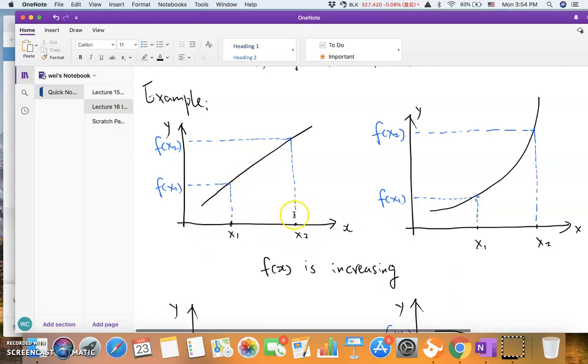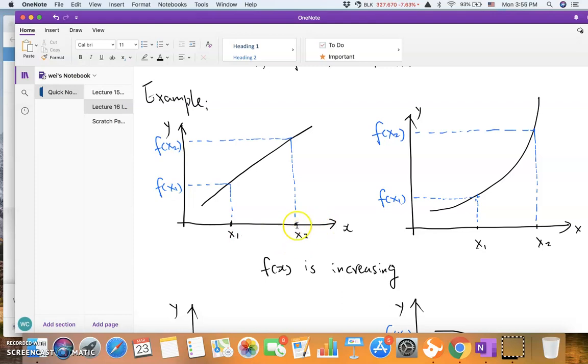Here we have two functions, and for the first function, if we consider two random x values, okay, so this is x1 and this is x2. Now we can see x2 is greater than x1, right? Now let's look at their function values.